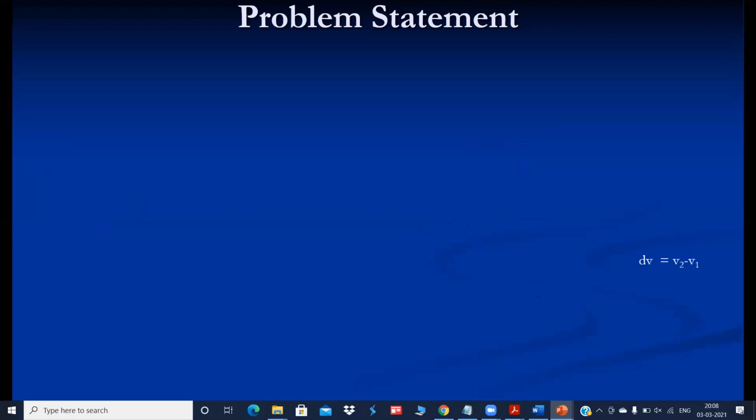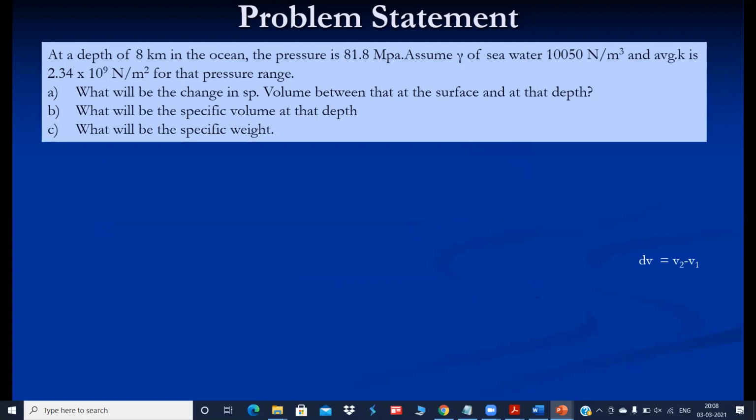Then the next numerical. At a depth of 8 kilometers in the ocean, the pressure is recorded as 81.8 megapascal. So 8 kilometers is very deep, and obviously, because of the water column, the pressure is also high.